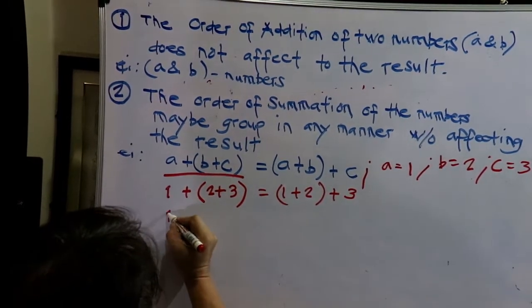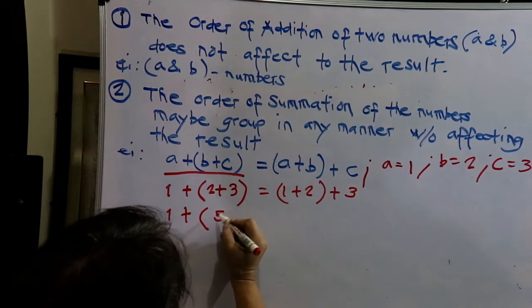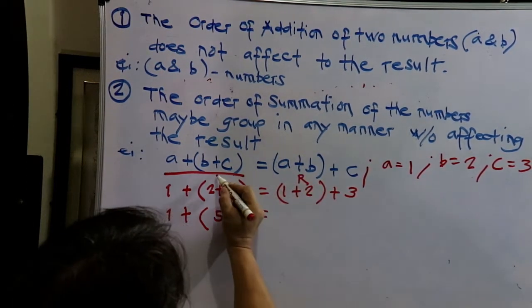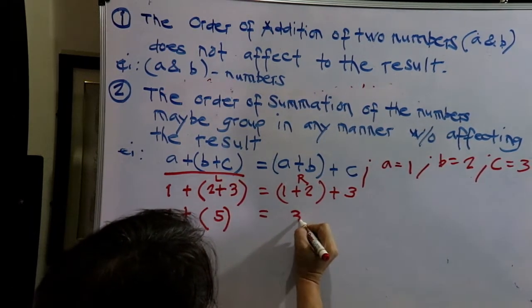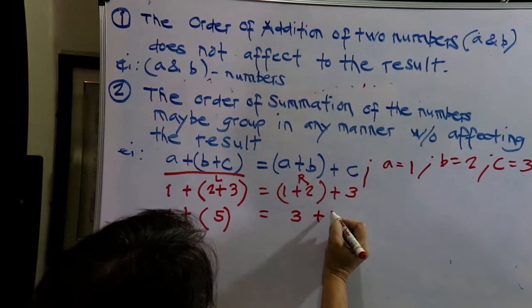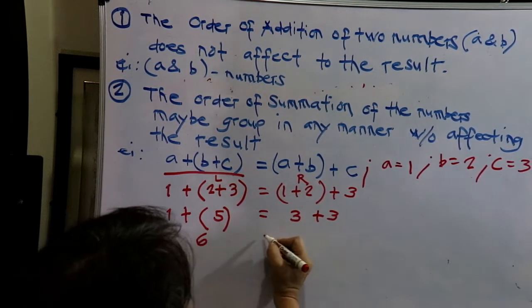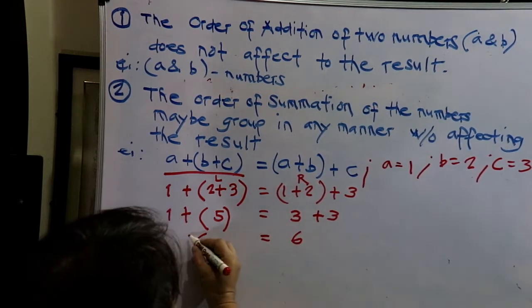Now 3 plus 3, we have 6. On the right side, 1 plus (2 plus 3), 2 plus 3 is 5, and 1 plus 5, we have 6. You see?